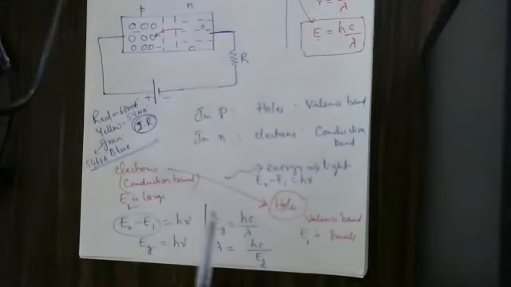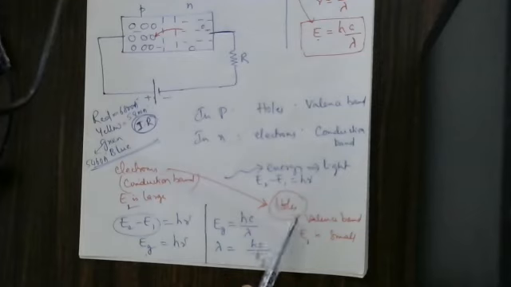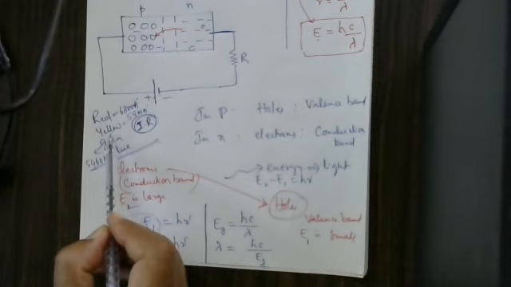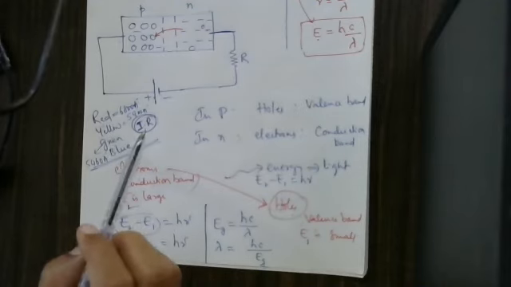So depending upon the energy gap between the conduction band and the valence band, the wavelength is going to get produced. Depending upon that wavelength, we have either red, yellow, green or blue color LEDs available. Understood?